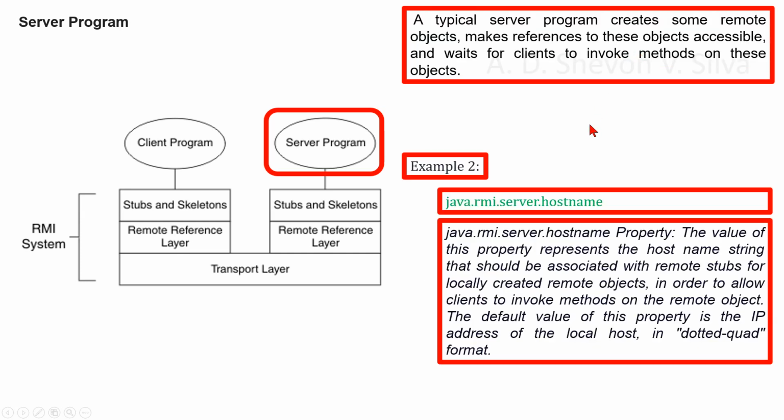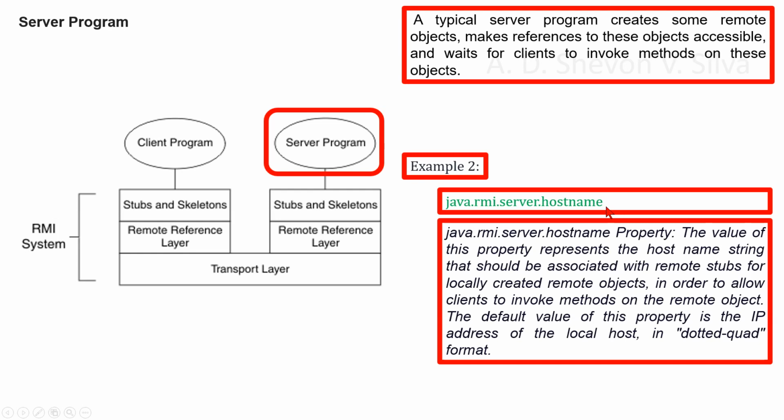As an example 2, we can consider the java.rmi.server.hostname property. The value of this property represents the hostname string that should be associated with remote stubs for locally created remote objects.